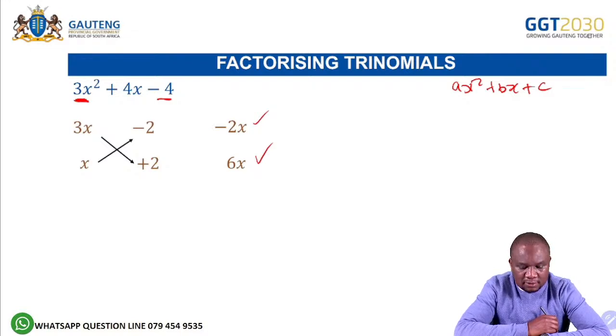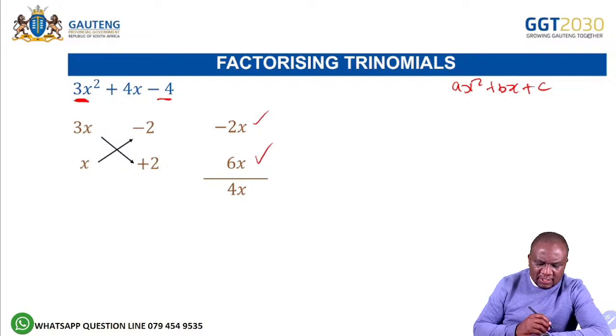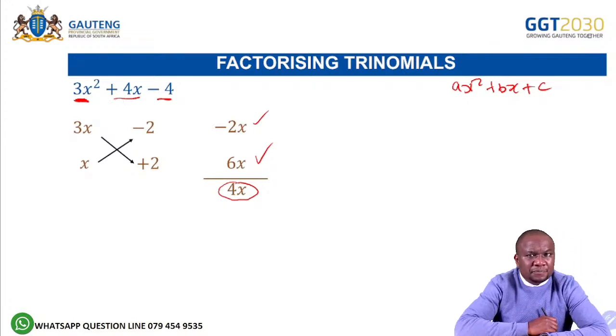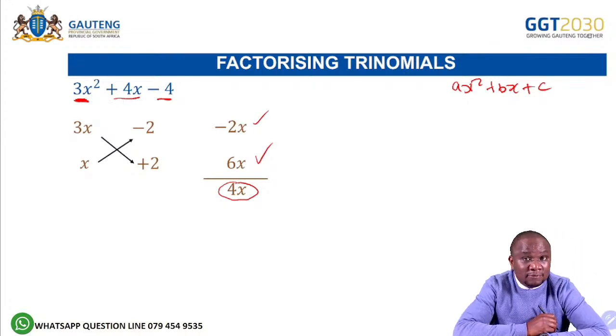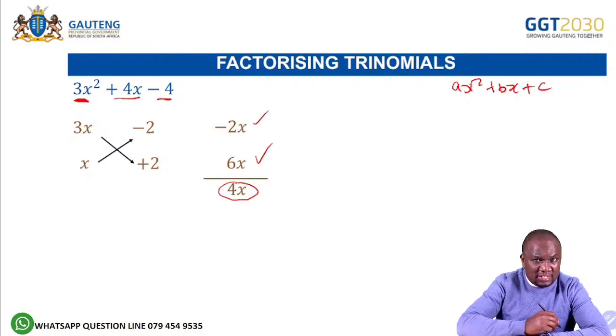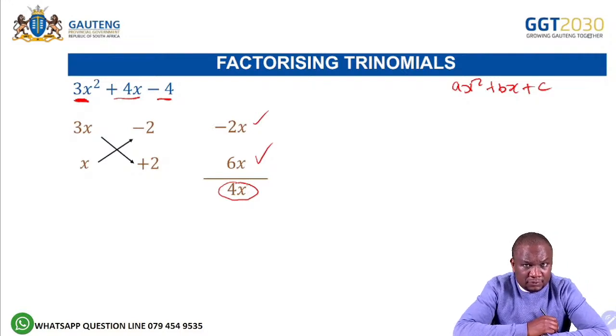Negative 2x plus 6x, what do we get? We get 4x, positive 4x. Do you see that this sum here is the same as the middle term there? That's what we want to find. So these combinations must give us the middle term. Okay? Right.